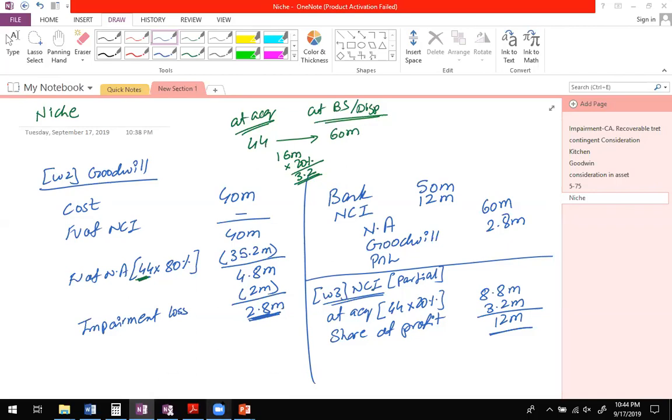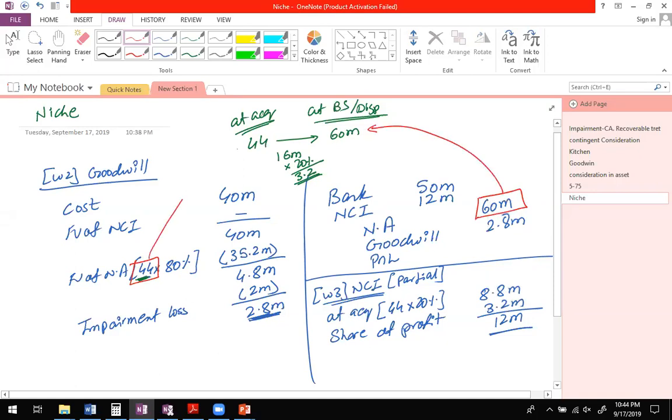We have a message. Mudassir is saying, sir, explain 3.2. Mudassir, the net assets at the date of acquisition were 44, which we have used to calculate the goodwill as well. And the net assets at the balance sheet date were 60, which we have kept over here.